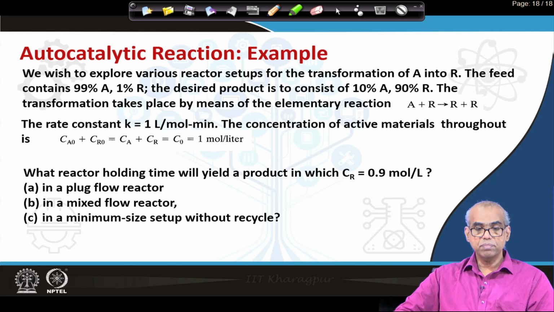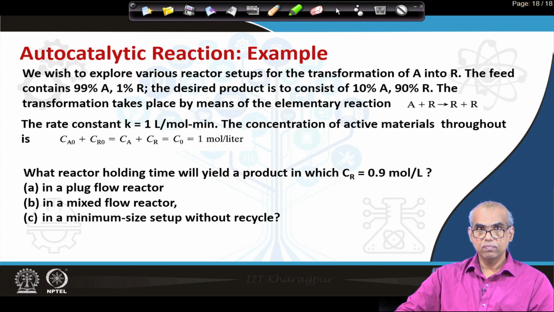Let us take a quick example of autocatalytic reactions. We wish to explore various reactor setups for the transformation of A into R. The feed contains 99% A, 1% R. The desired product is to consist of 10% A, 90% R. The transformation takes place by means of the elementary reaction A plus R to R plus R. The rate constant k equals 1 liter per mole minute.